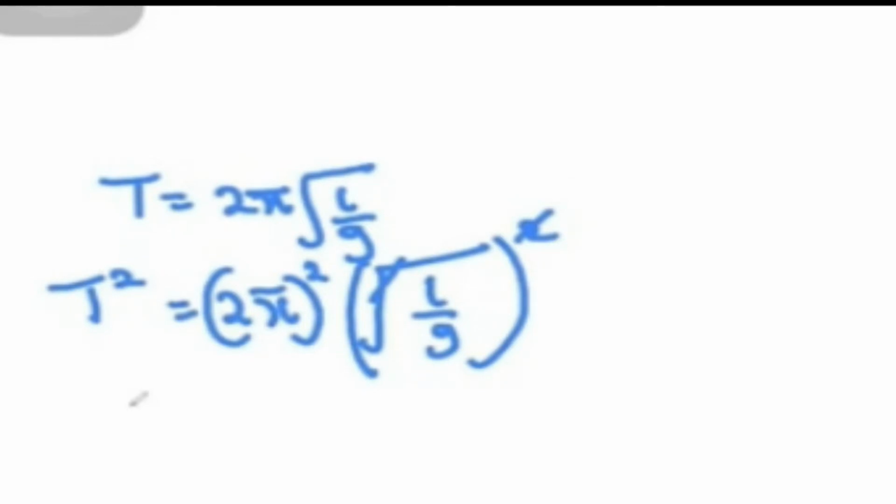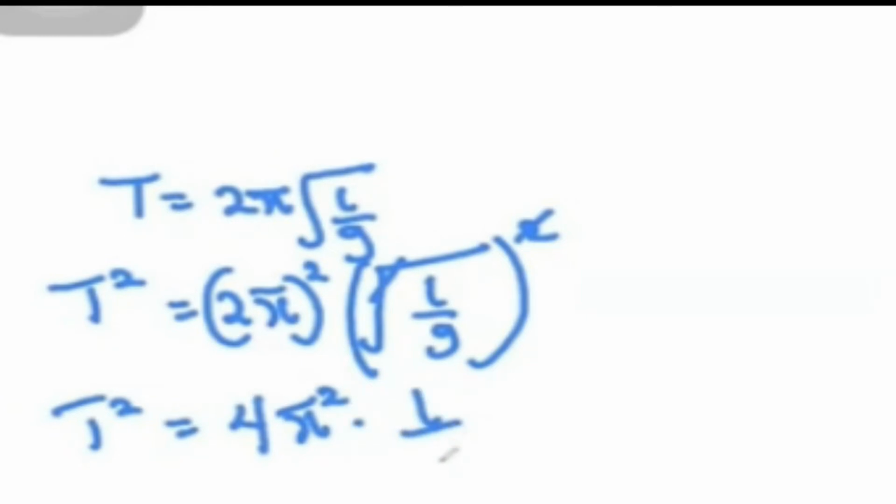Afterwards, this now becomes t squared is equal to 4. This square will affect the 2 and will also affect the pi here. So we are going to have 4 pi squared. Are you okay? 4 pi squared, then times L over g.